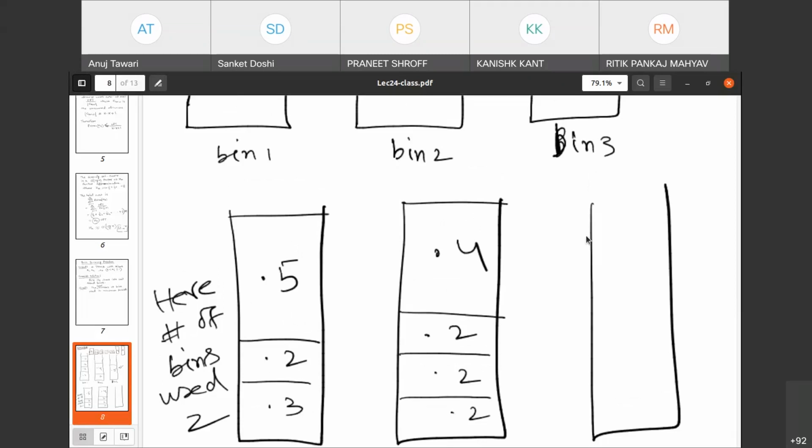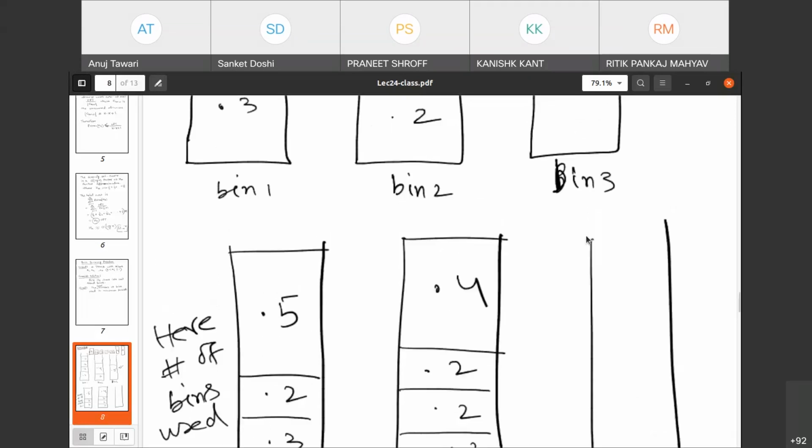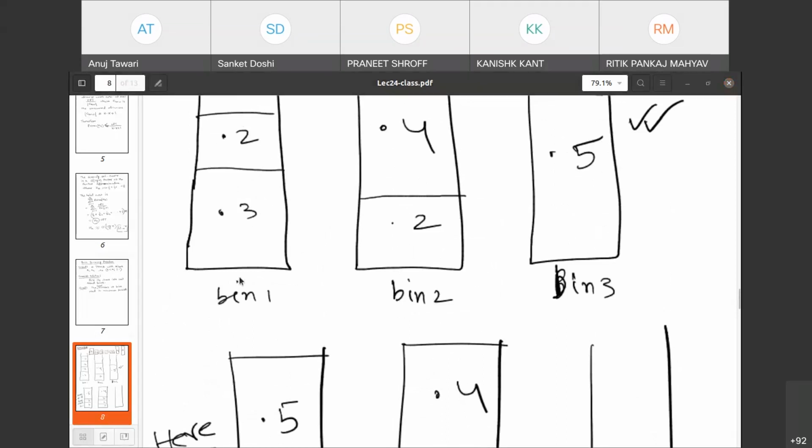Okay, there is one. What does it mean to pack an item into a bin? No, we just put it into whichever is the empty bin. So packing doesn't have any other meaning. It means that we just put it, if that particular bin is empty, we just put it. So how are we going to put all these items in these bins?